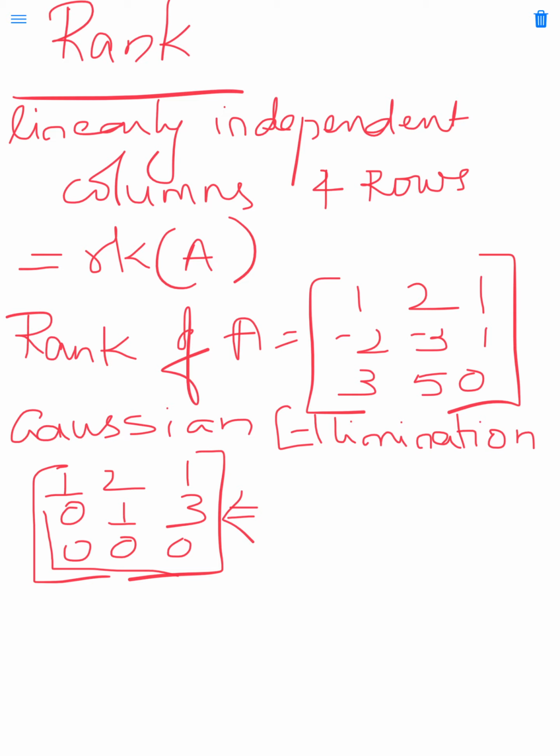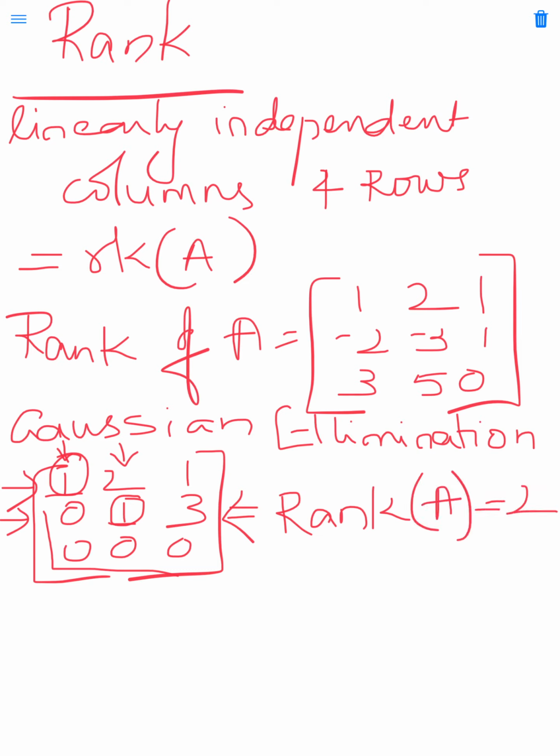From the given matrix, you need to check the number of linearly independent rows and columns. How will you find them? You take the count of the pivot rows and pivot columns. In this case, the number of pivot rows is 2 and pivot columns is also 2. So we can say that the rank of the given matrix A is equal to 2, the number of linearly independent rows and columns.